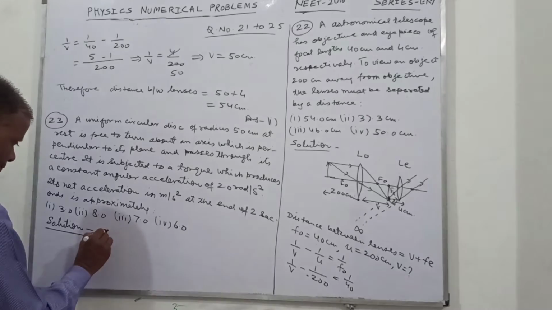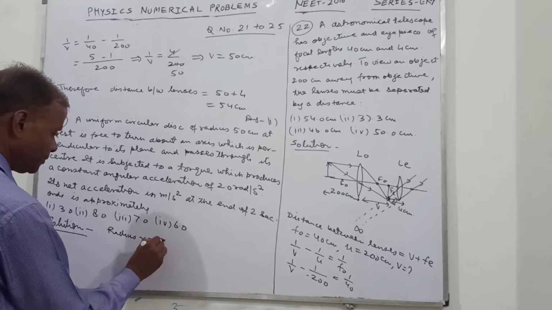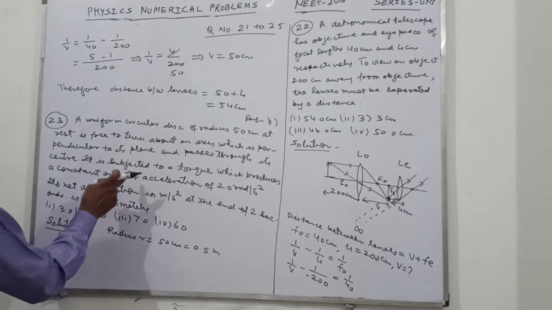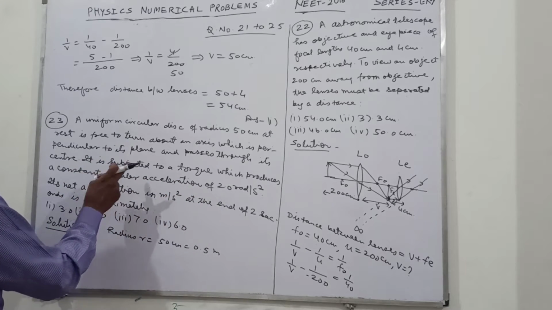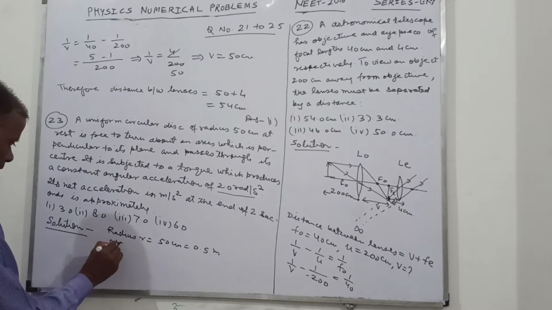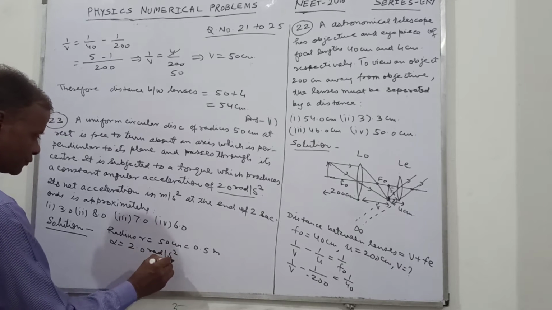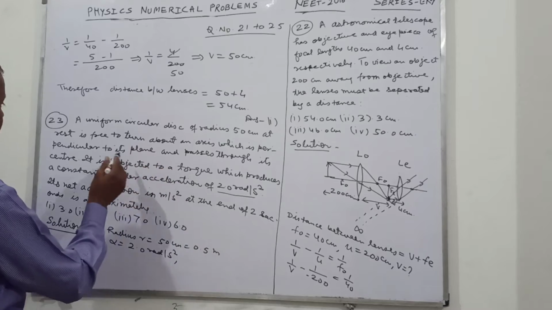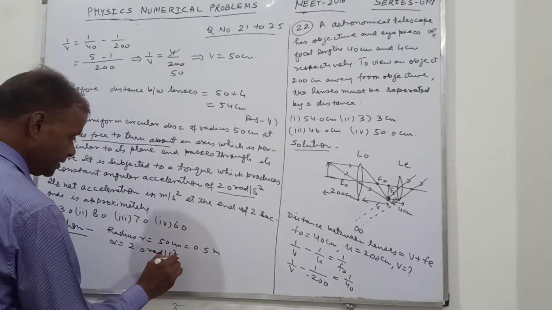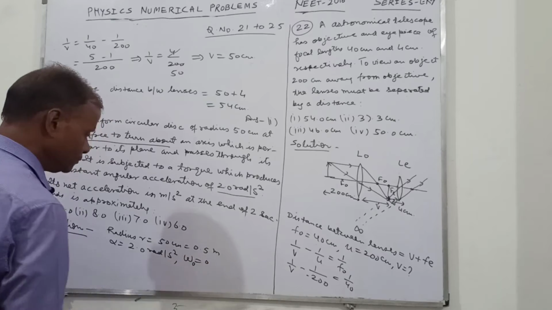Radius r equal to 50 centimeter, so this is 0.5 meter, and alpha equal to 2.0 radian per second square. This is free to rotate about an axis. This means that the initial angular velocity is equal to 0.